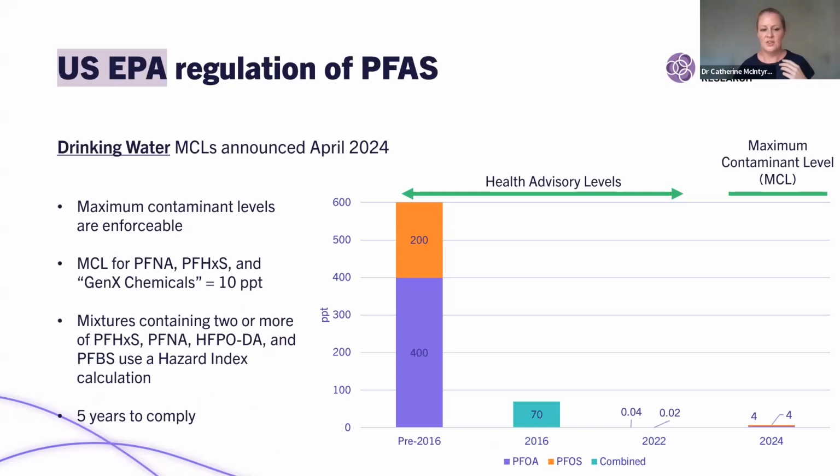There are 5 years to comply as of this year. That was announced just this year, in April 2024. This actually represents very fast movement from the US EPA on regulating compounds. We haven't really seen that before, and it gives you an indication of the urgency and the direction of travel of this issue.